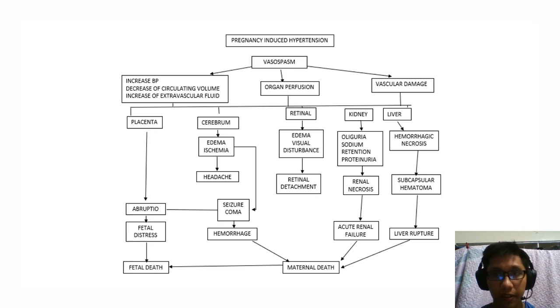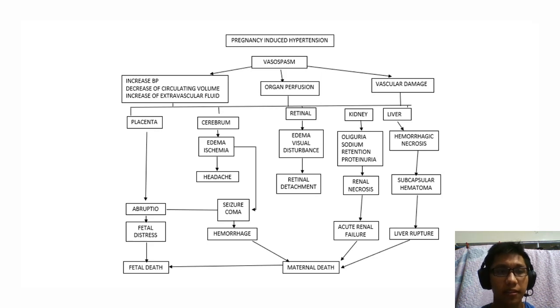Then after that, there are 5 parts that would be affected because of these 3 things. Let's start with placenta. If there's some kind of trauma on the placenta, it might cause abruptio, since the cause of placental abruptio is not often known, which would lead to fetal distress or much worse, fetal death.